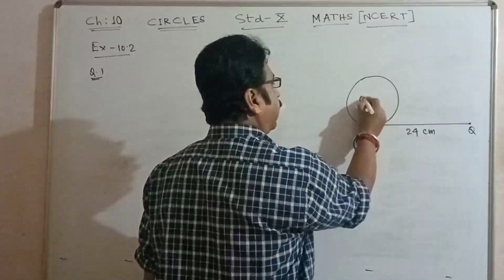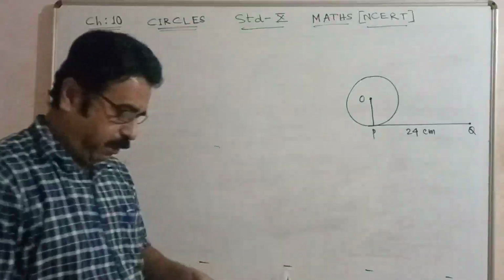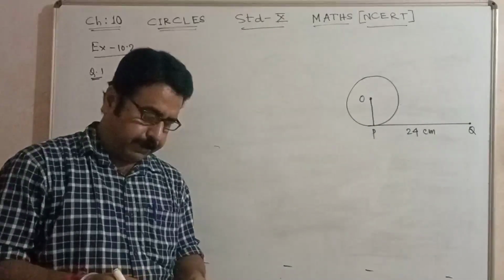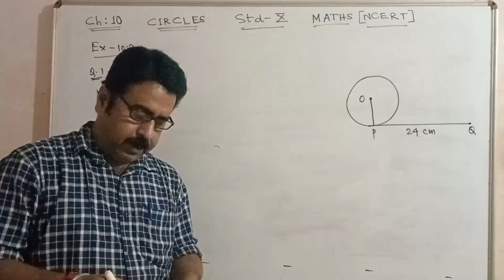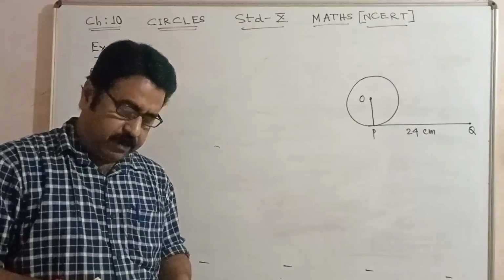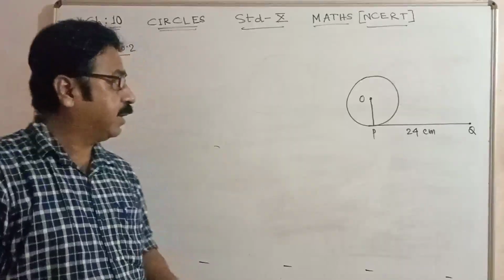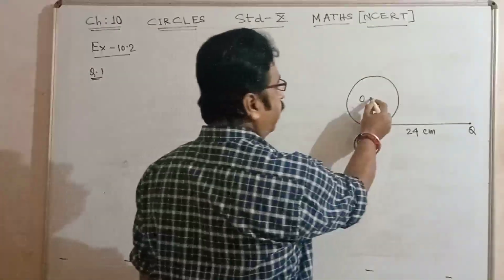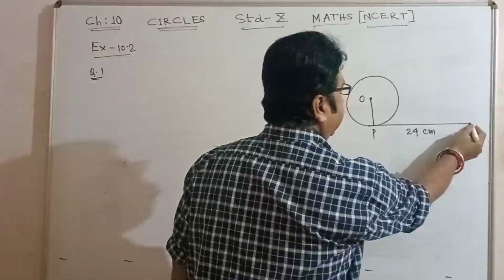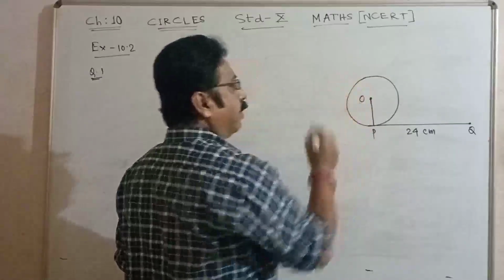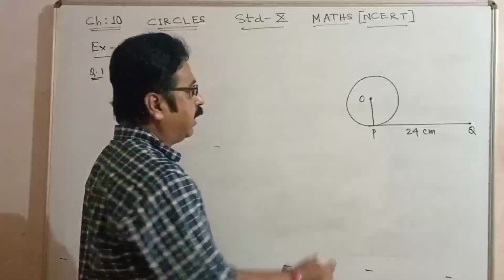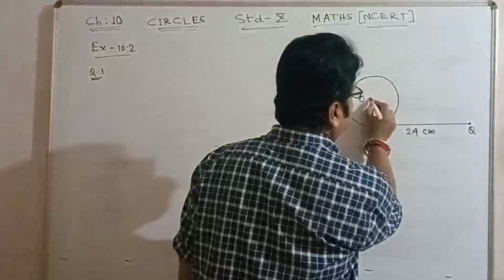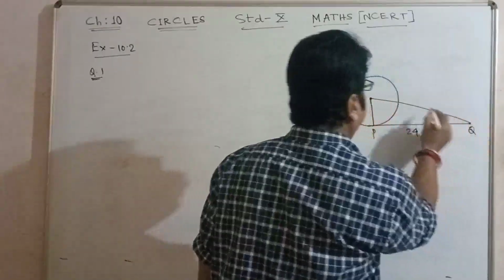Suppose this is the center of the circle O. The distance of Q from the center, from point Q to point O, is 25 centimeters. It is also given.